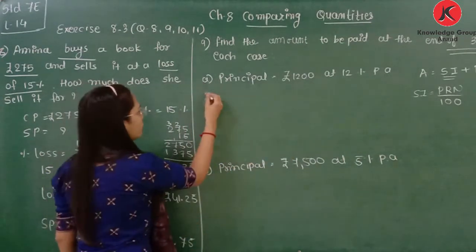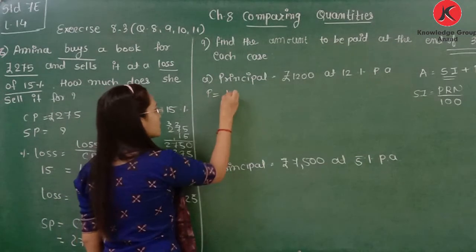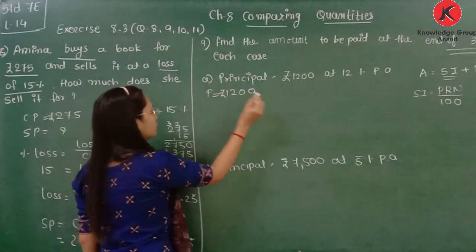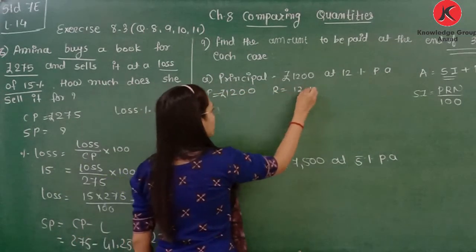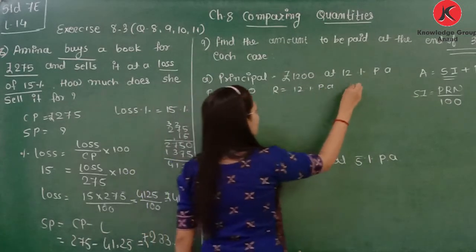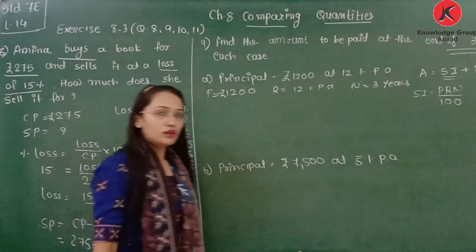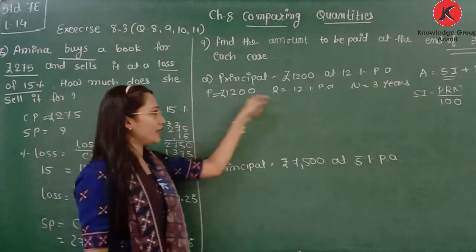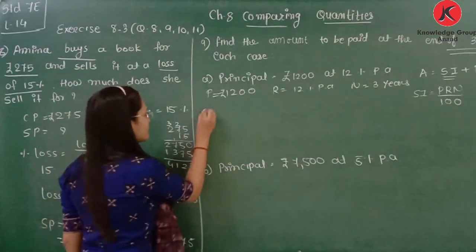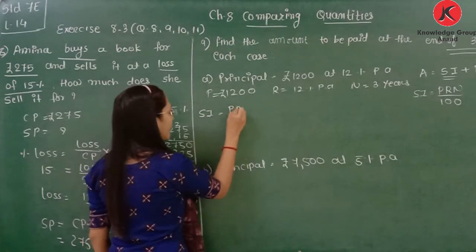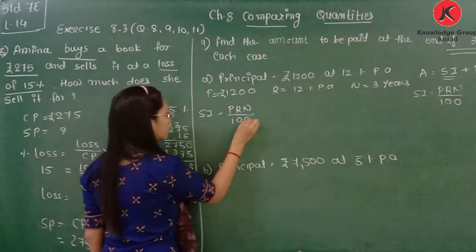So here what information is given? P is given as 1200. Rate of interest is given as 12% per annum and N is given as 3 years. Now we have all values P, R and N, so we use the equation SI is equal to PRN divided by 100.